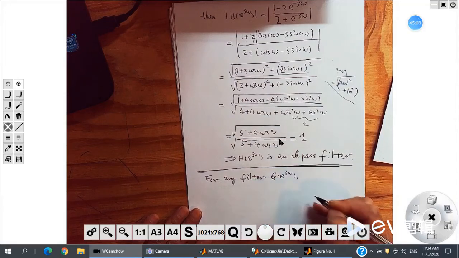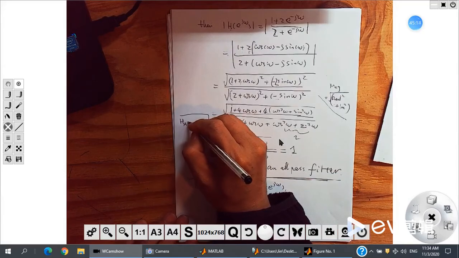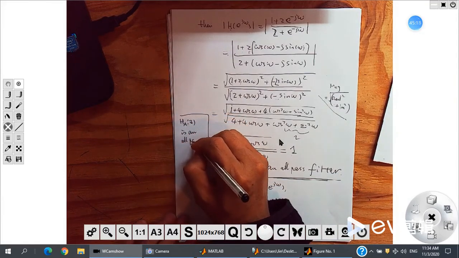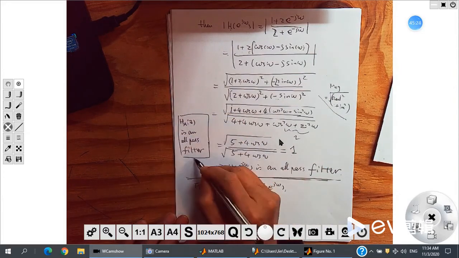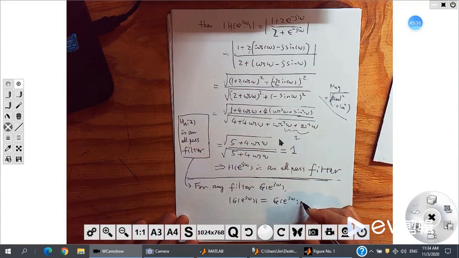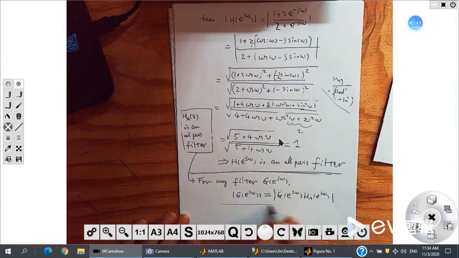We suppose H_A(z) is an all-pass filter. Then for any filter, the magnitude of G will equal the magnitude of G times H, this all-pass filter. We can have this.